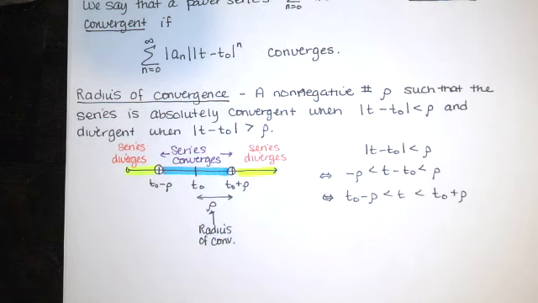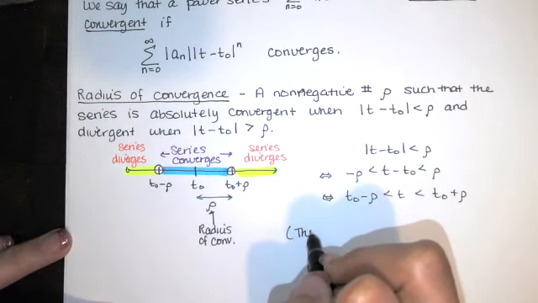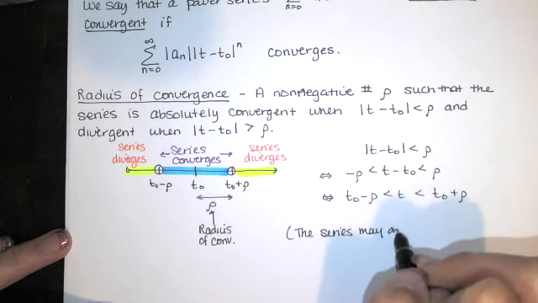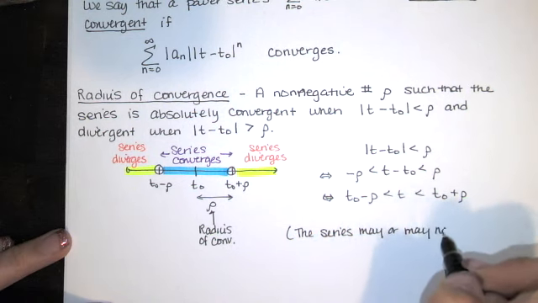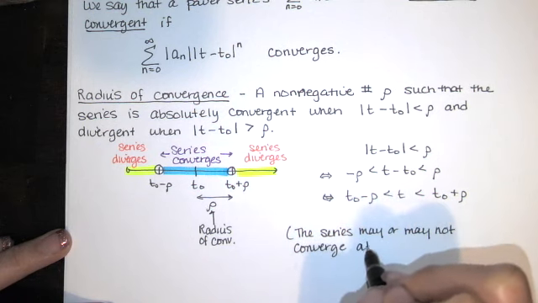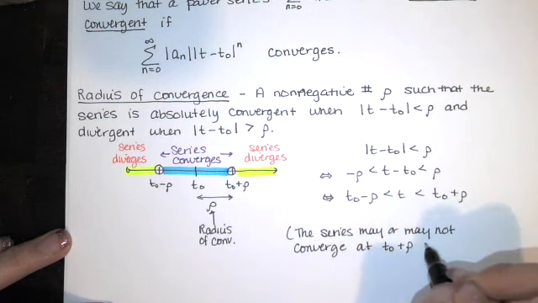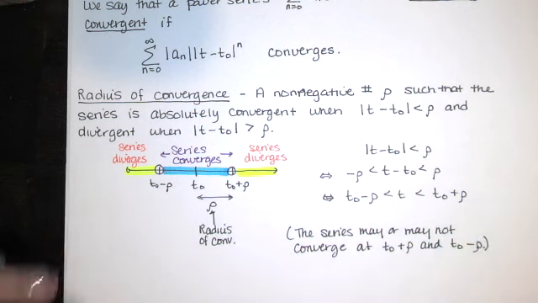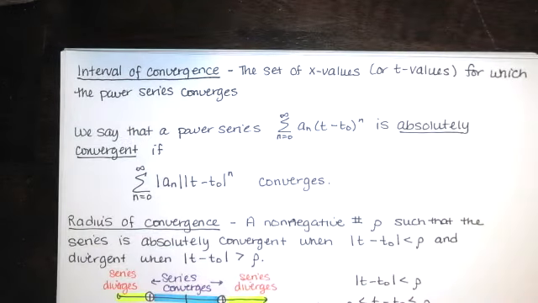It may converge at the endpoints, or it may not converge at the endpoints. Okay.